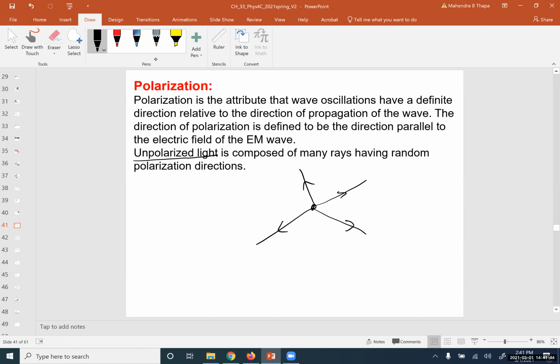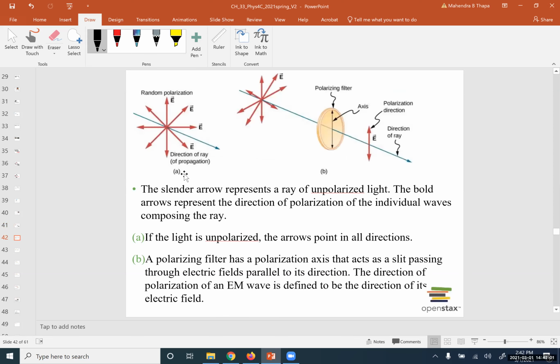So this is the example of unpolarized light. It could travel in all directions, in all planes. But we can fix the plane. For example, we place a filter.